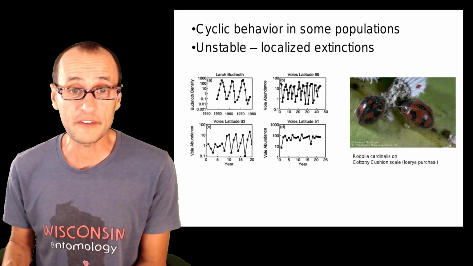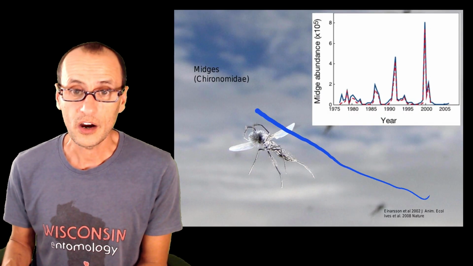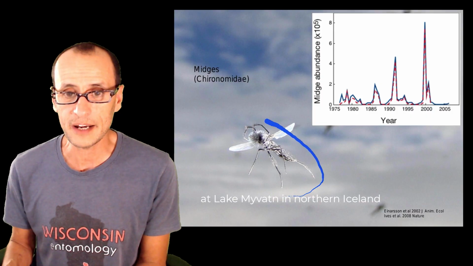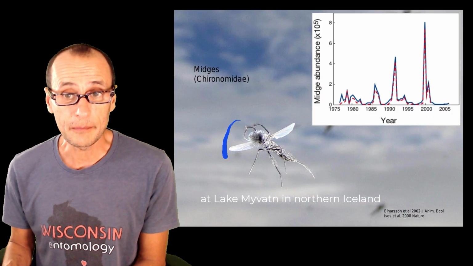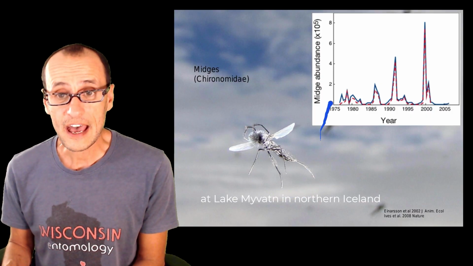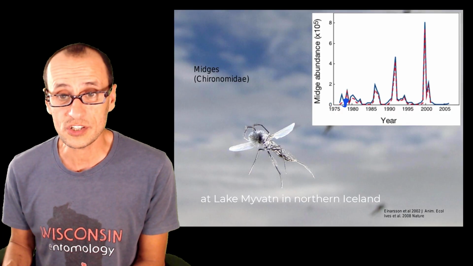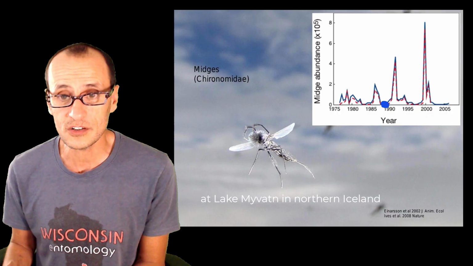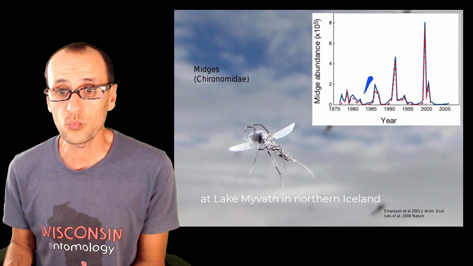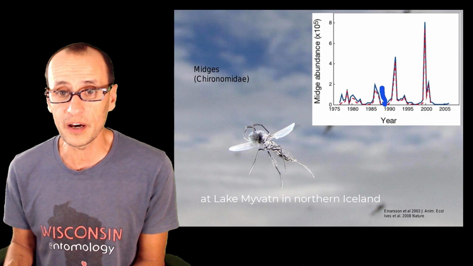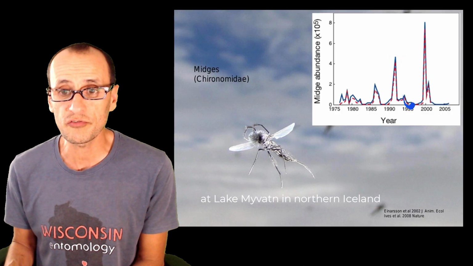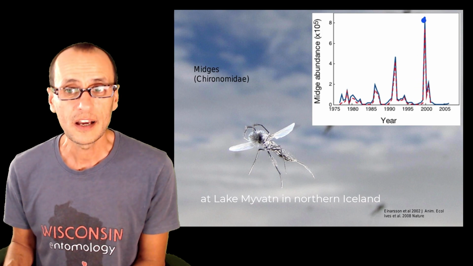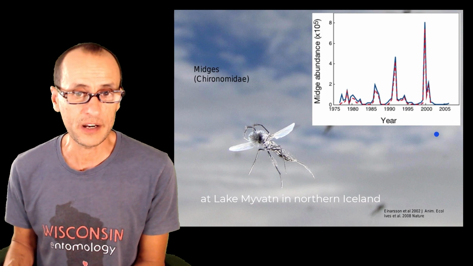One of the groups that I've spent a lot of time working on are these wonderful little chironomids here. And one of the neat things about them is that they have highly variable populations with low or almost non-existent numbers in some years, like here and here and here, and then these wild eruptive abundances that increase by 2 to 3 to 4 orders of magnitude, and then the population crashes right away.